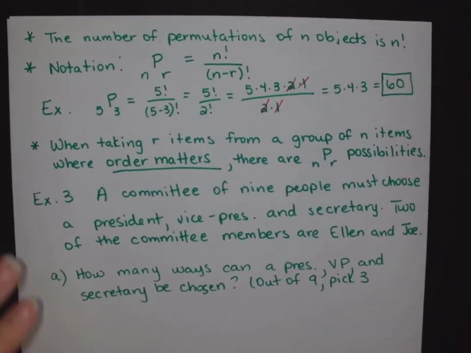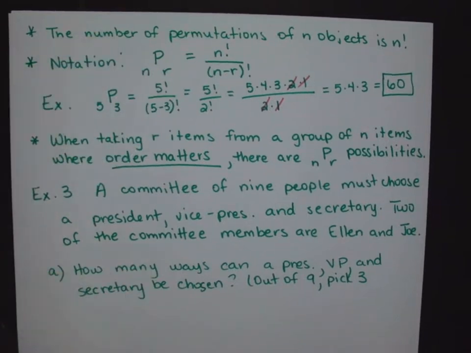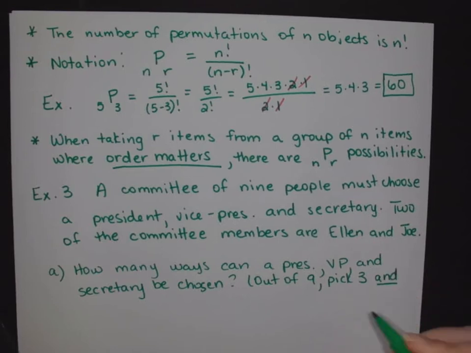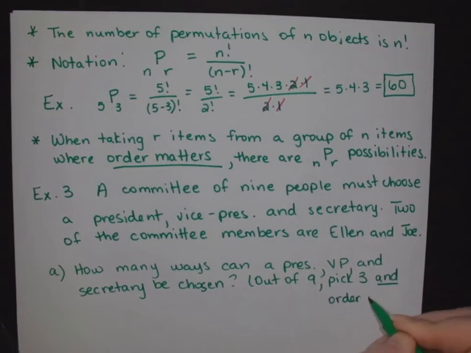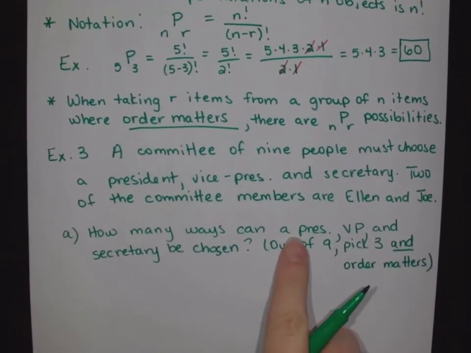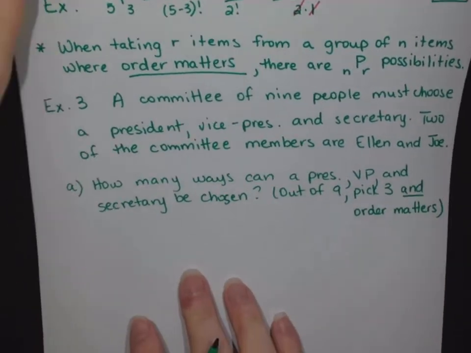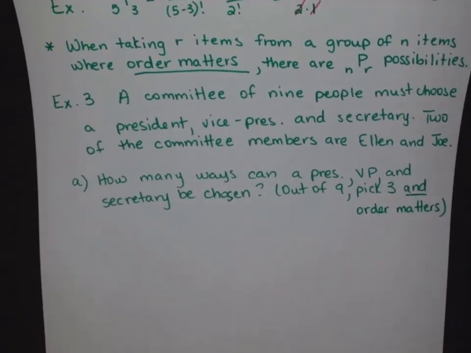That is why it is this situation. Out of a big group of 9, we're going to choose 3 of them. And it's significant that order matters. Even though they don't tell you that order matters, it matters whether you're chosen for president, vice president, or secretary, right? It's not just 3 random, even-leveled positions. President is different than the position of secretary.